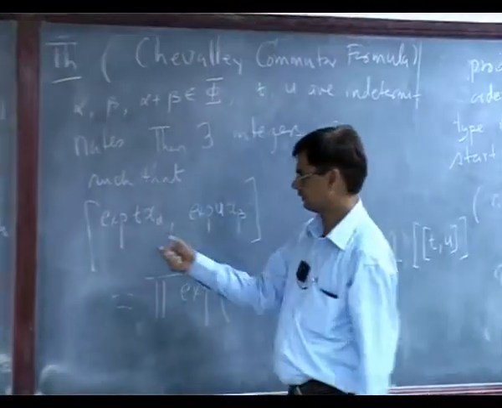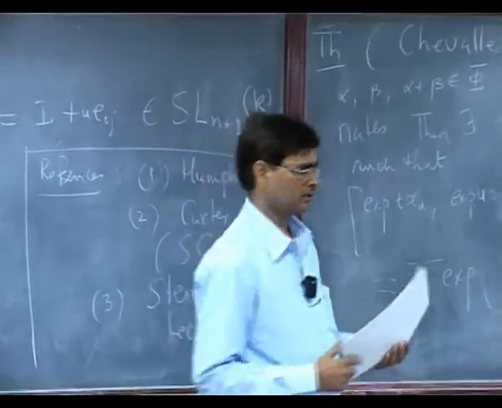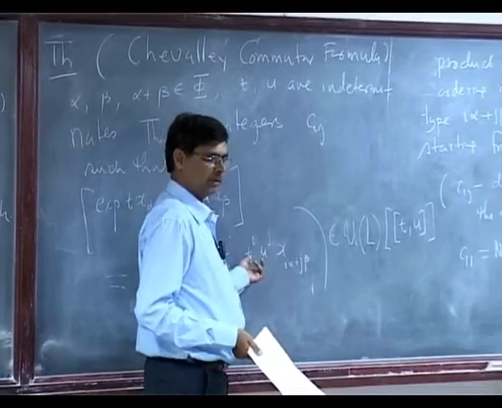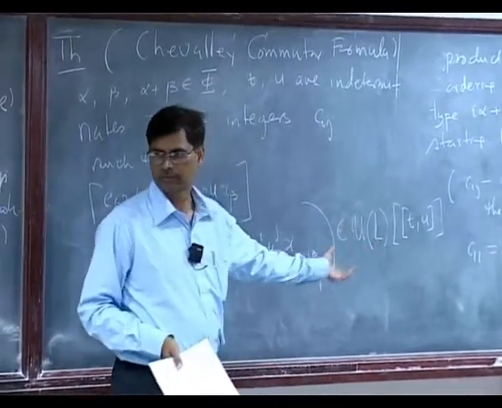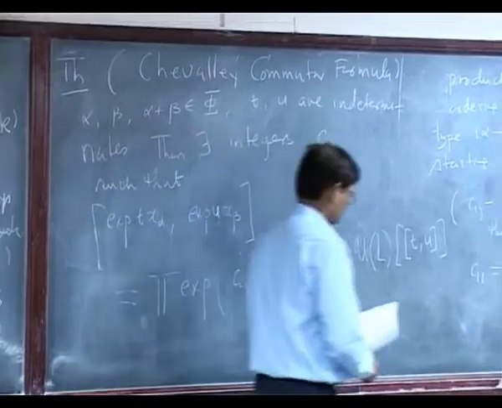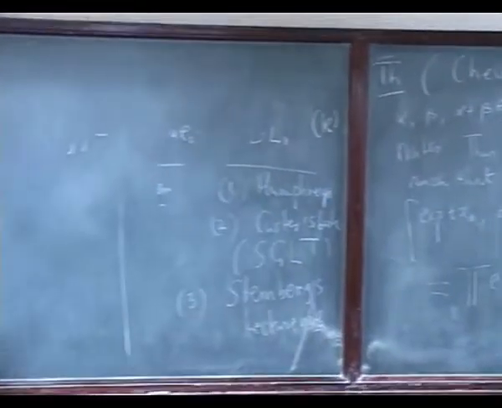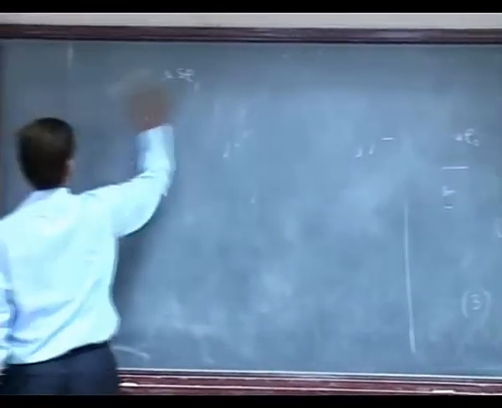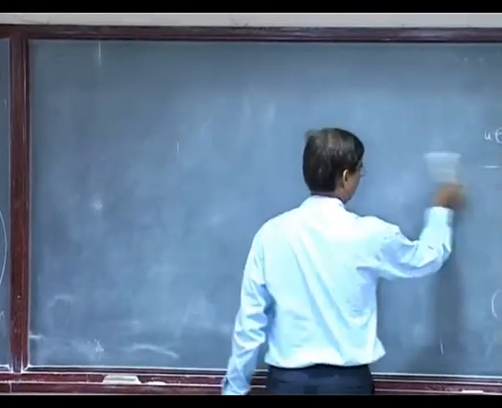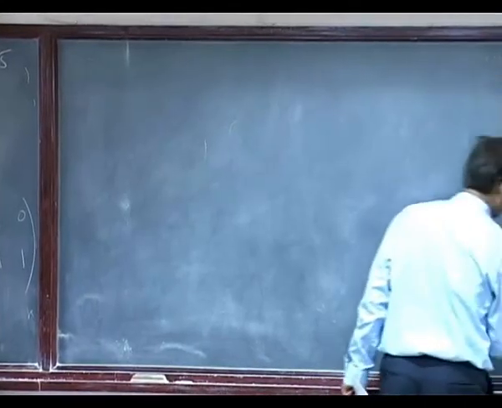Now this formula is over the formal power series ring. I can specialize the indeterminates T and U to elements of any field to get a Chevalley commutator formula. This is the advantage of getting something over indeterminates, that you can always specialize.